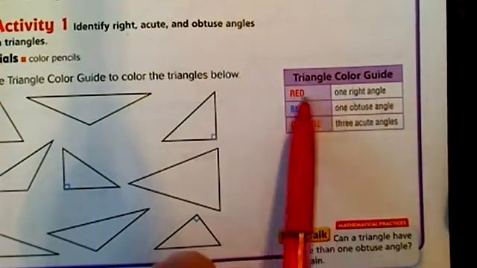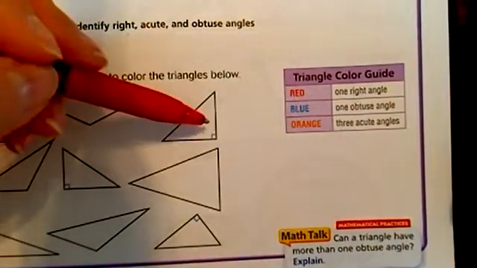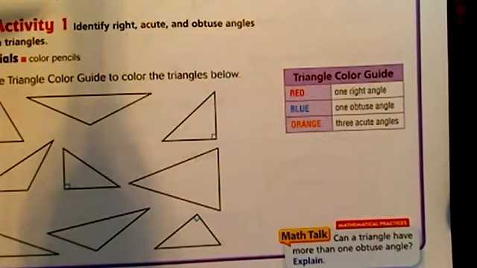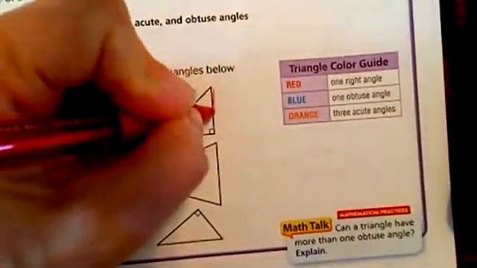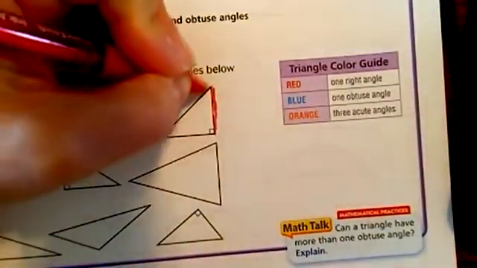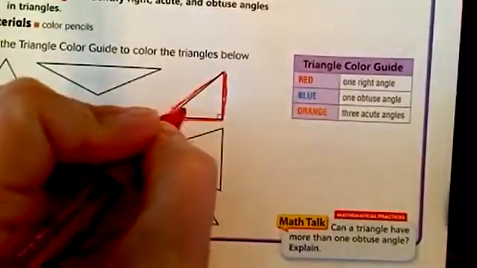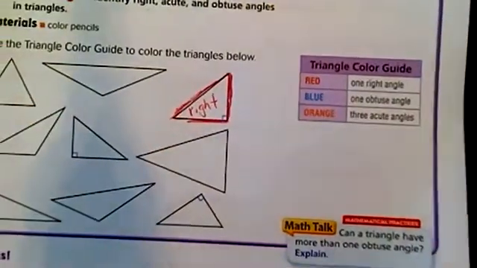So if a triangle has 1 right angle, we call it a right triangle. And if you recall from yesterday, we have a little box in the corner that indicates that there is a right angle there. So this would be a right triangle. I'm just going to outline it in red. It's a right triangle. I'm going to write the word right inside of it.